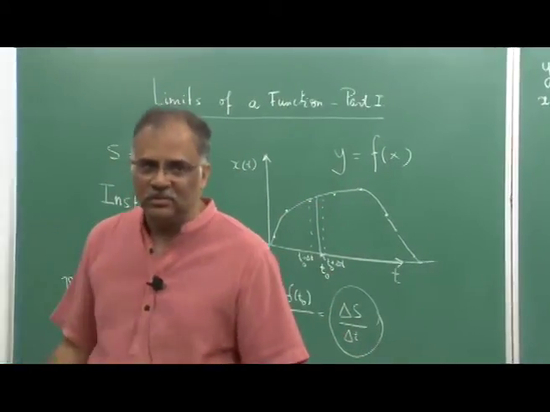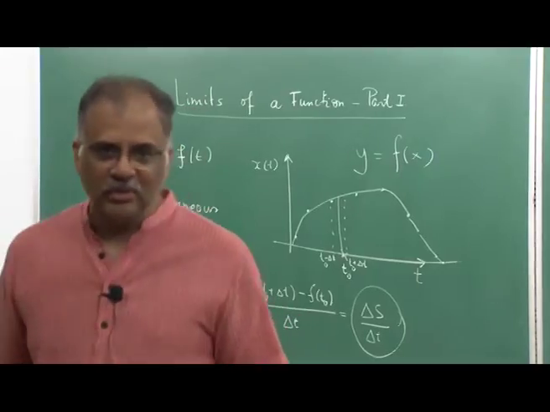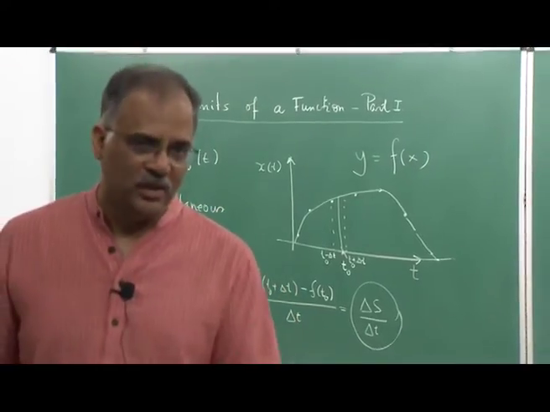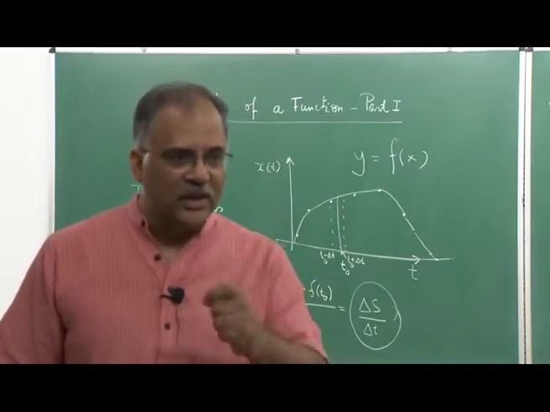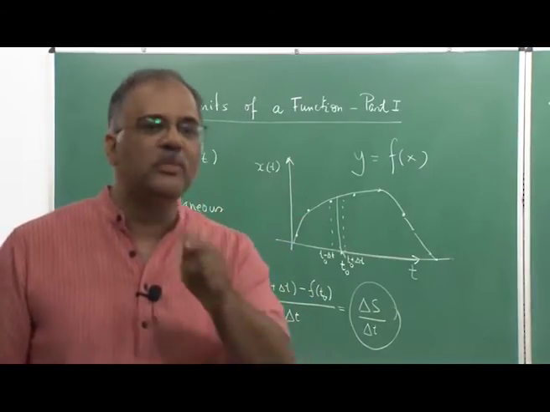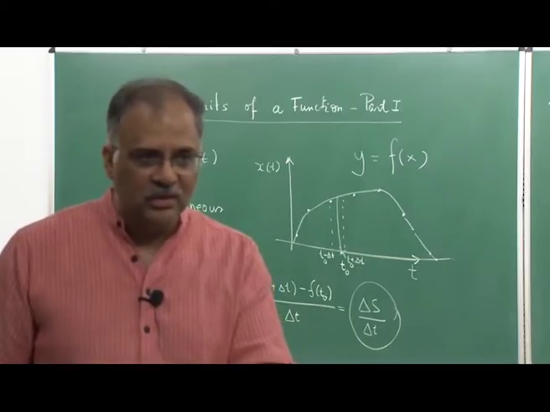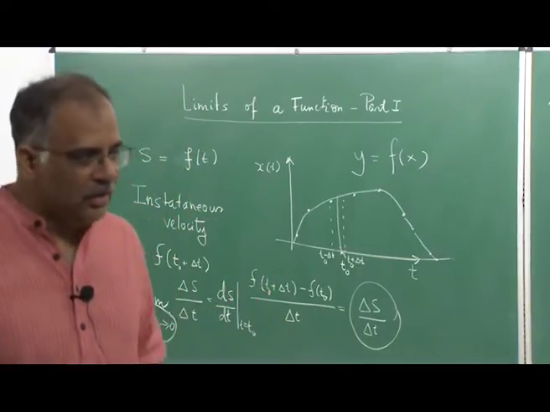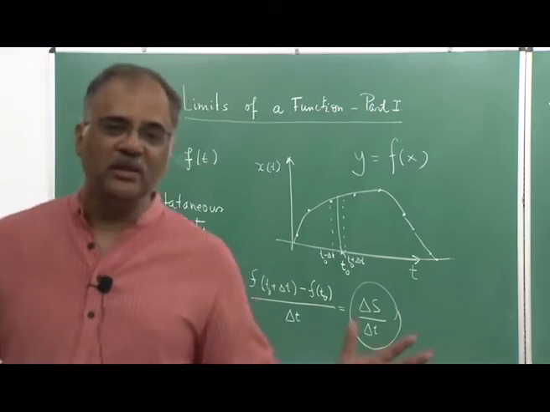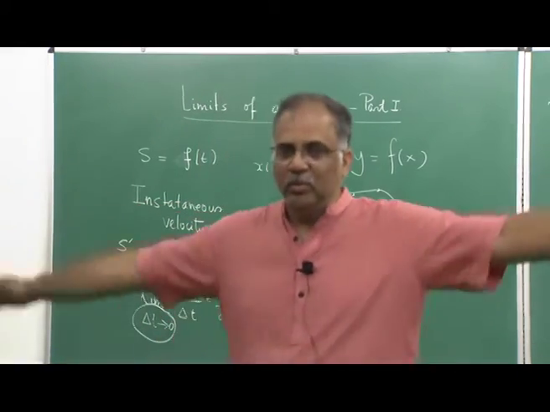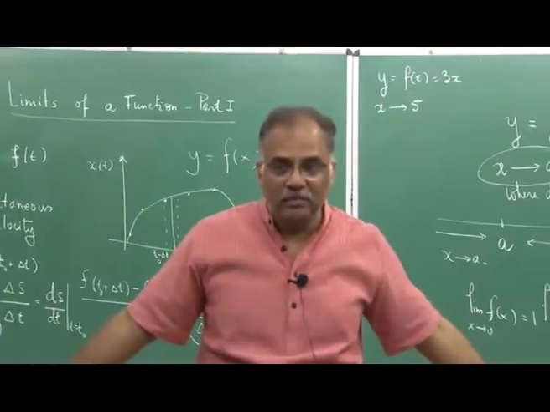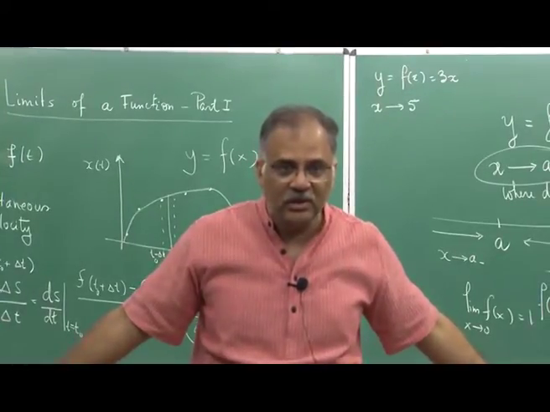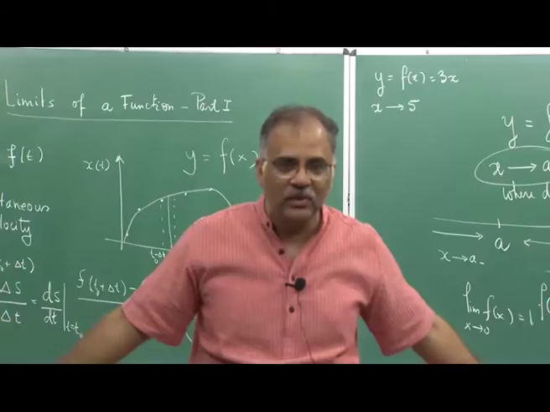But no, I am not talking about just getting the answer, I am talking about the structure that will tell you that what you have done actually makes sense. This will bring us to something called the epsilon delta argument, and people will put up their hand and say, oh, I do not like it, it is so horrible. But please understand, this is nothing but a translation of your English language into symbols.